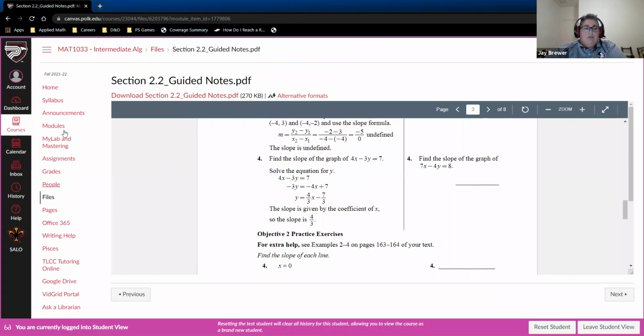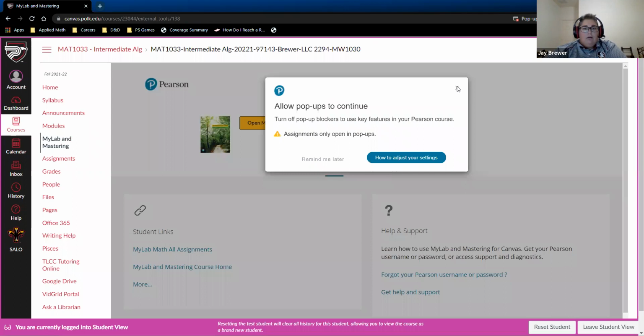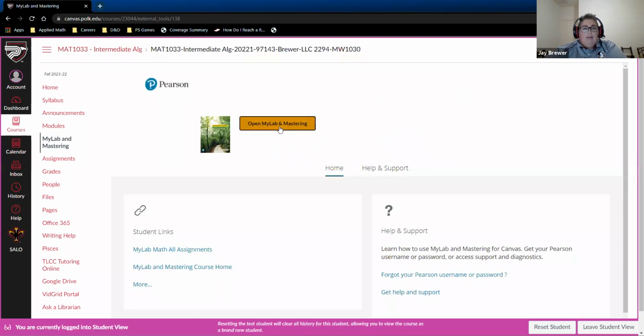Now, what's really important is MyLab and Mastering. You want to click on MyLab and Mastering. Yours might look a little bit different until you link your account, but you want to click on the big yellow button and follow those directions.